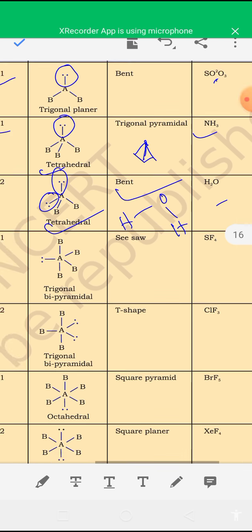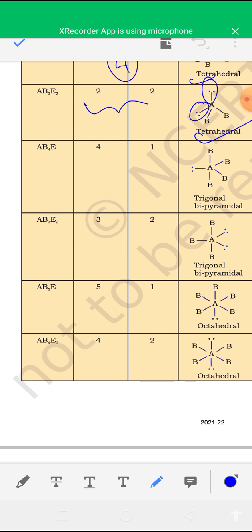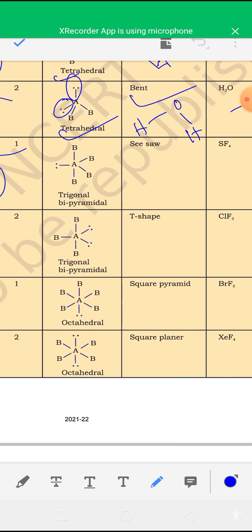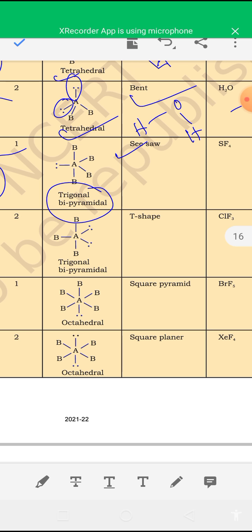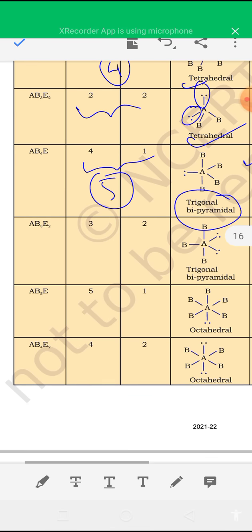Next AB4E, where E is lone pair. Total electron pairs 5. 4 are bond pairs, 1 is lone pair. The arrangement is trigonal bipyramidal, but the shape is seesaw type structure. Example SF4. In SF4, sulfur has 1 lone pair and 4 bond pairs, total 5 electron pairs.